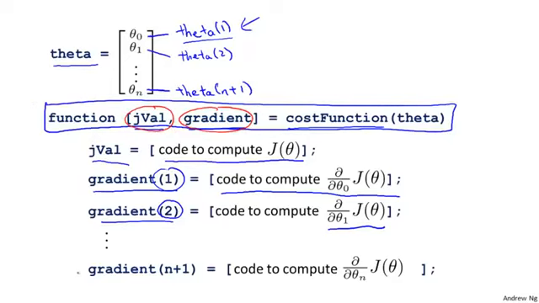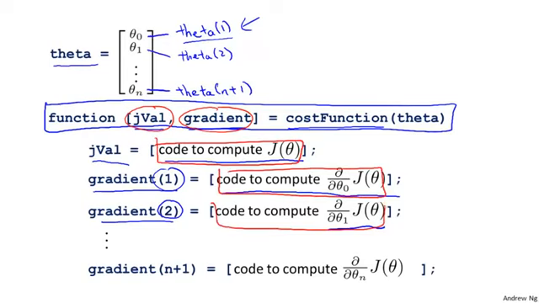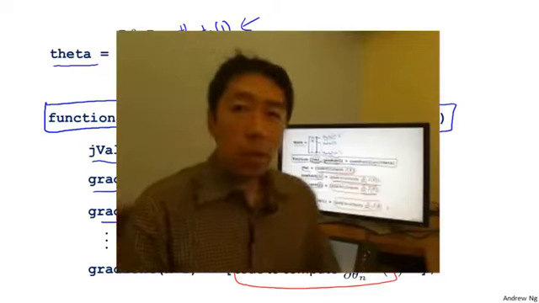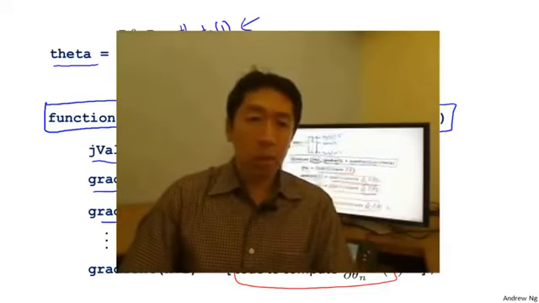And so in order to apply this to logistic regression, or even to linear regression, if you want to use these optimization algorithms for linear regression, what you need to do is plug in the appropriate code to compute these things over here. So now you know how to use these advanced optimization algorithms.